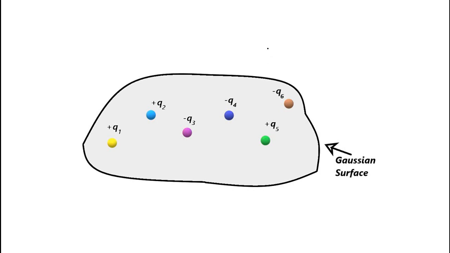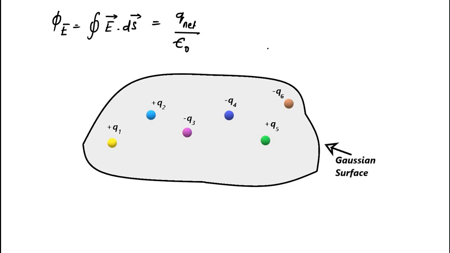If we apply Gauss law, the electric flux, which is the closed surface integral of the electric field vector dot product with the surface area vector, is equal to Q net by epsilon 0.